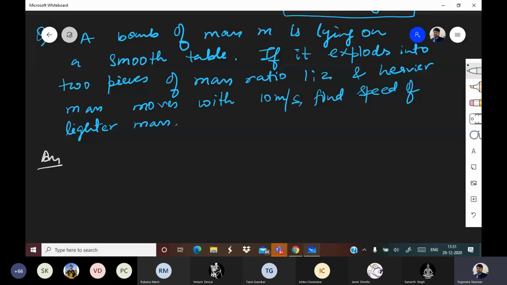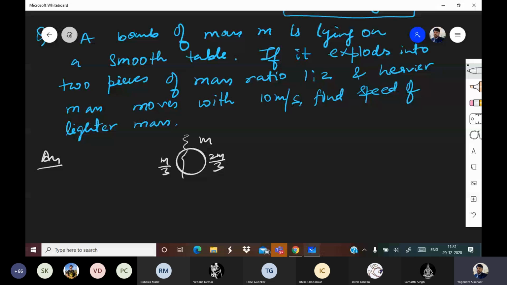Ronald, are you there? This is a mass M, and it's a bomb. Stay away from it. Now, due to explosion, it splits into two parts, and mass ratio are 1:2. So, if one is m by 3, another will be 2m by 3.